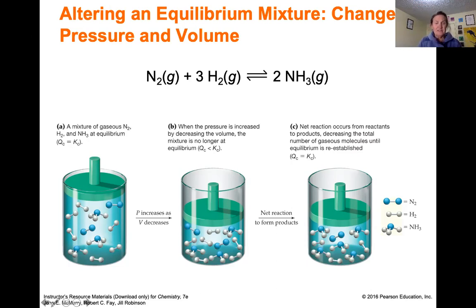If you increase the pressure, it wants to relieve that pressure, and so it's going to react to go to the side that has fewer moles of gas. So it's going to react forward until you get more NH3, and that will decrease the overall pressure.